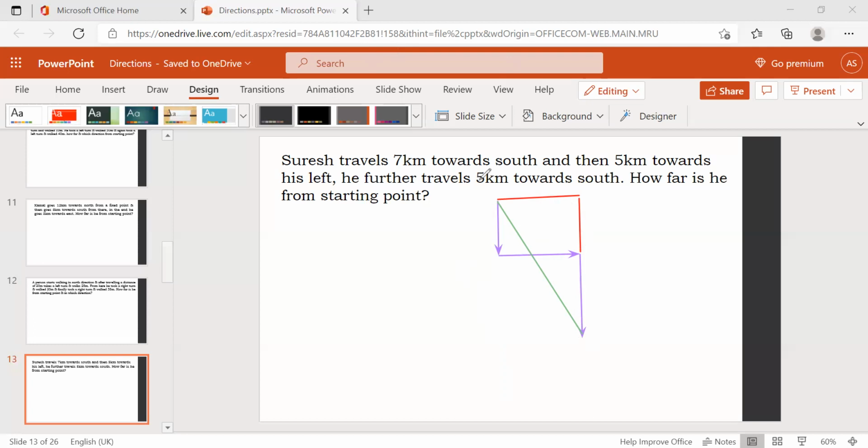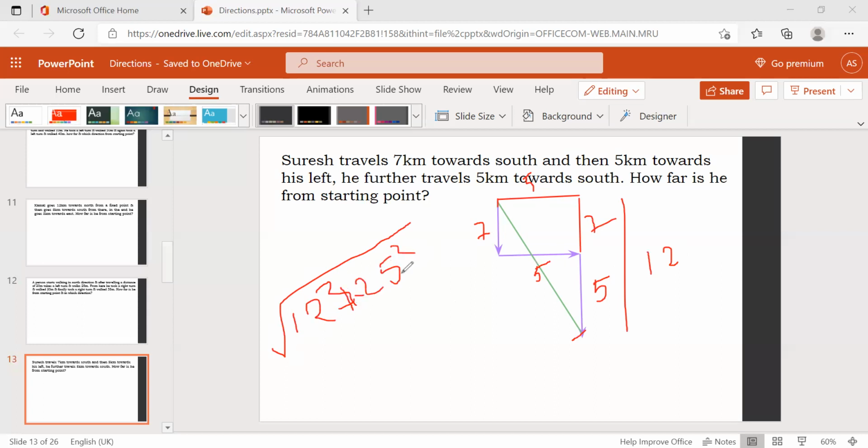What they're saying in the data: first 7 south, then 5 to the east, and then again south 5. So this is 5 and this is 7, totally 12, and this is 5. Now to find this side, it is root of 12 square plus 5 square, which is 25. Sorry.